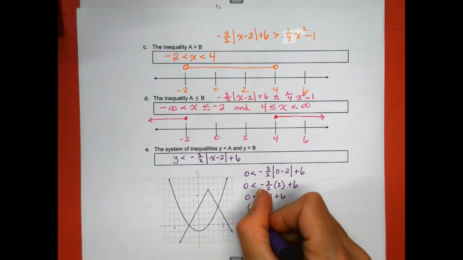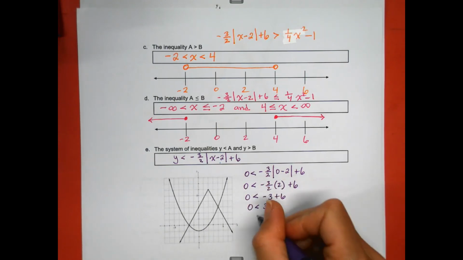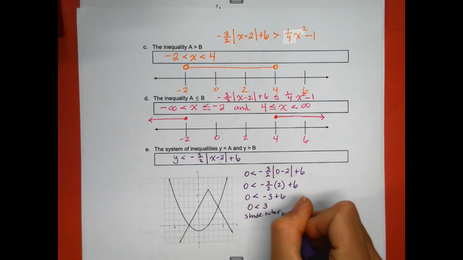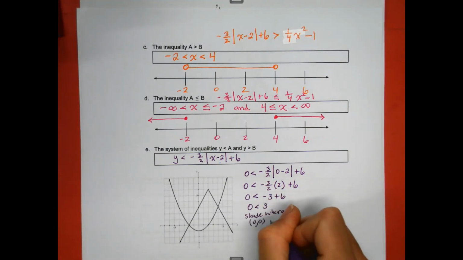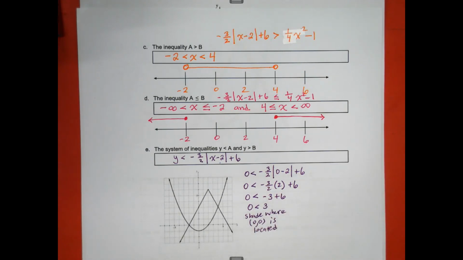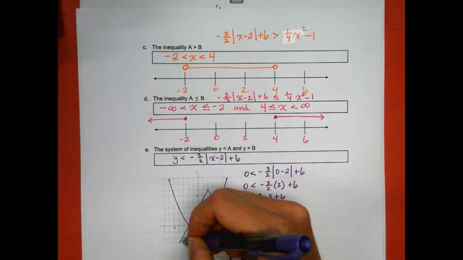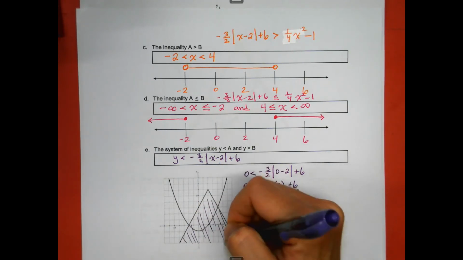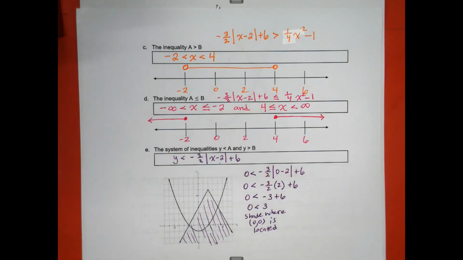It is in fact less than positive 3. So we shade where 0, 0 is located, or on that side of our graph. So we would end up shading everything that is inside of that absolute value.